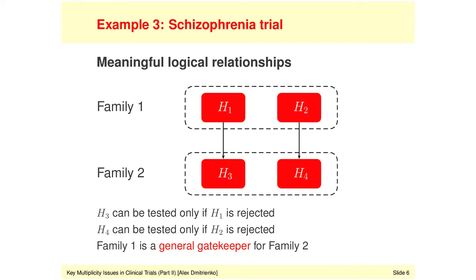In this case, we say that family 1 is a general gatekeeper for family 2. And we're interested here in formulating an approach that will enable us to set up gatekeeping procedures for this and, of course, much more complex problems that could involve general gatekeepers.